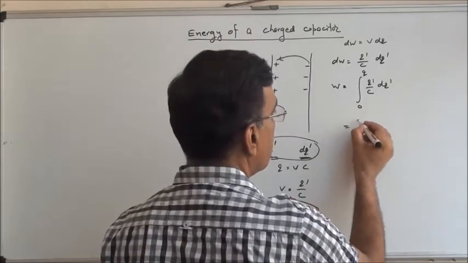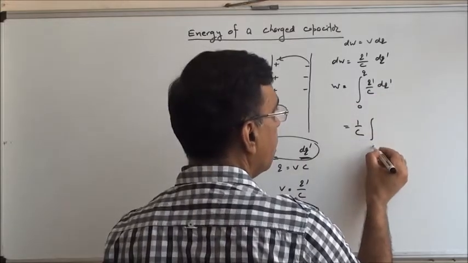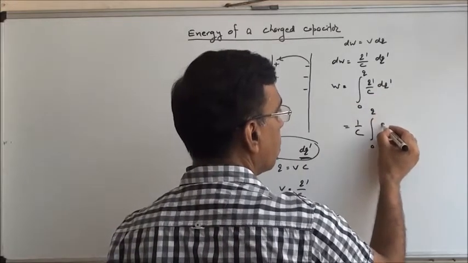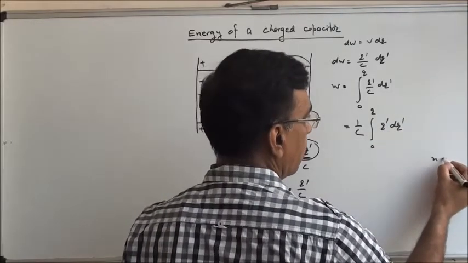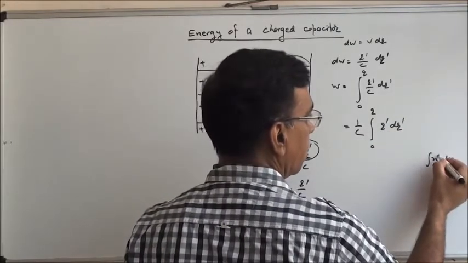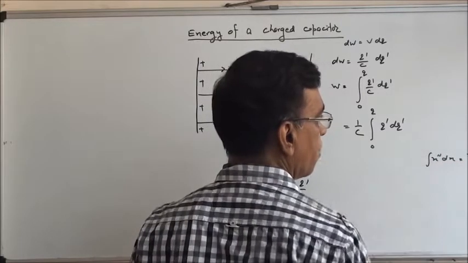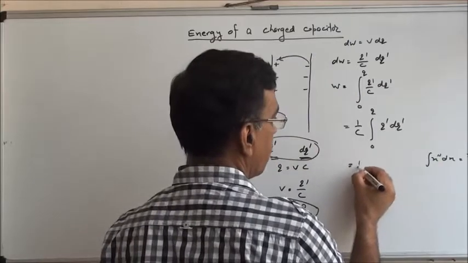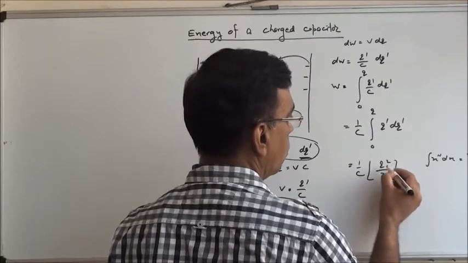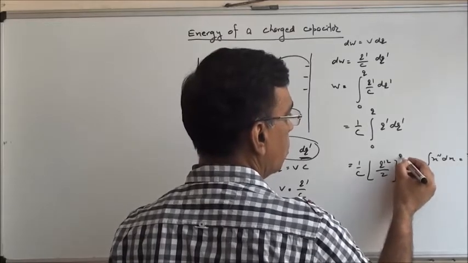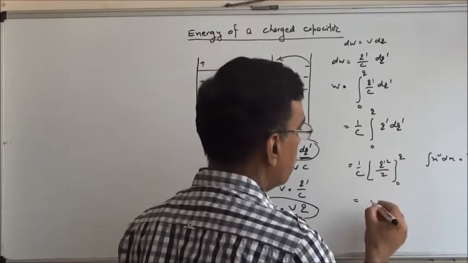Now C is constant, it does not depend on Q, so it can be taken out of the integral sign. And you can use the expression x to the n plus 1 by n plus 1, so it becomes Q dash square by 2, from 0 to Q. Now apply the limits, it will be Q square by 2 minus 0.